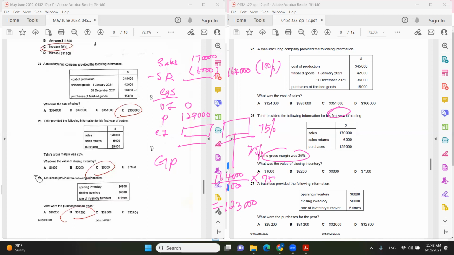Now using this information, this is 0 plus 129000 minus closing inventory. This minus, you bring it to here, so it becomes 129000 minus 123000. So we get the closing inventory. The answer should be 6,000.